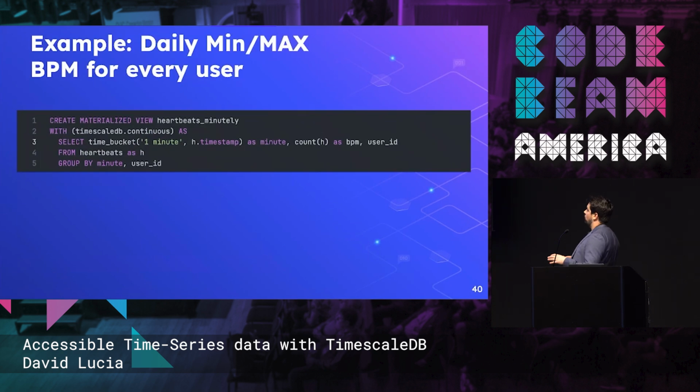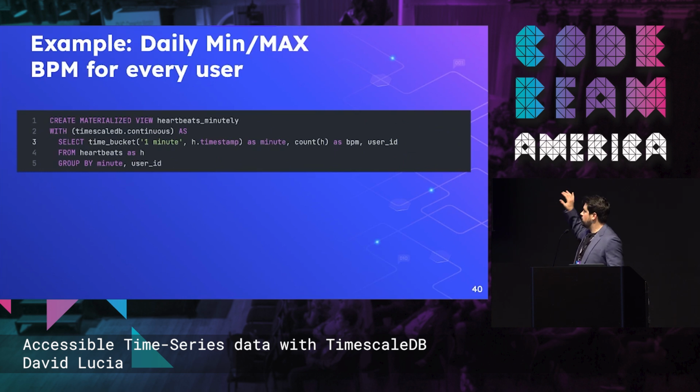So let's take an example of calculating the minimum and maximum beats per minute for every user. So I'm going to create a new materialized view called heartbeats minutely with TimescaleDB continuous, which makes it this continuous aggregate. And then I just write my SQL query as I would have. So bucketing by minute, counting up the beats in that minute with the user, grouping by the user.